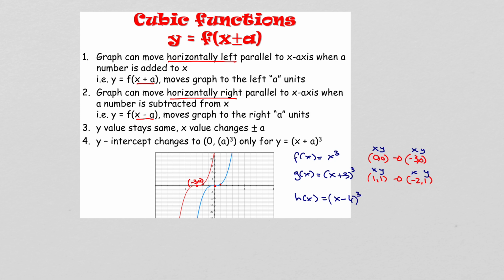So because I have a minus a there, what that means is the graph moves right 4 units. So therefore we would be adding 4 to every x coordinate.